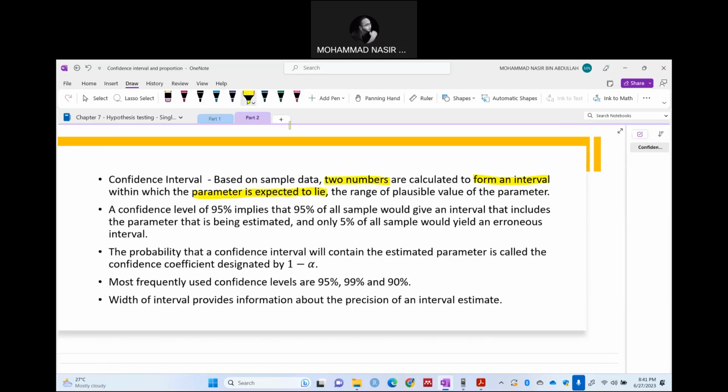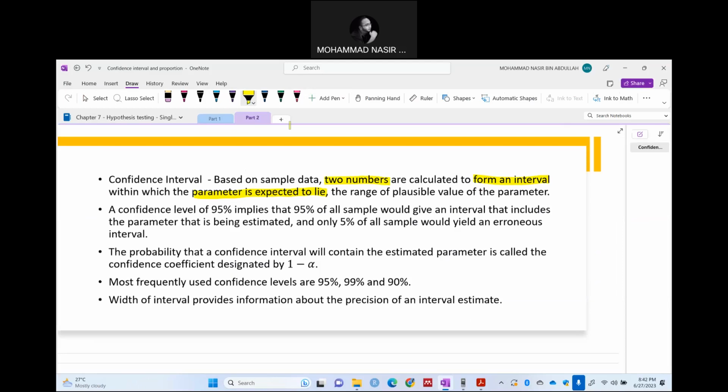In real life there will be no exact value, so the estimation may not be correct. So we need to estimate in terms of an interval, where the value of the mean lies between two values.